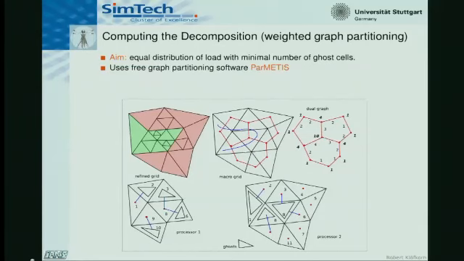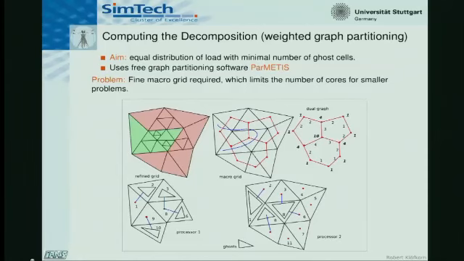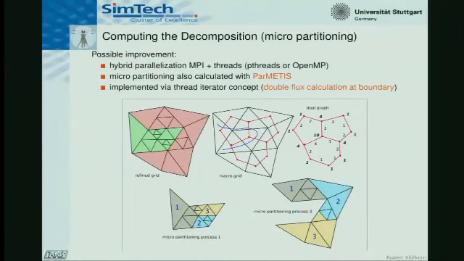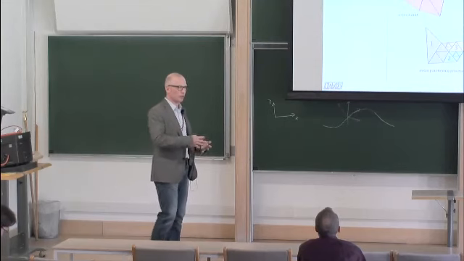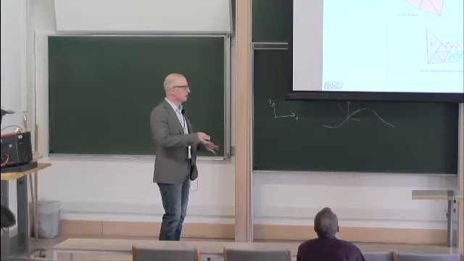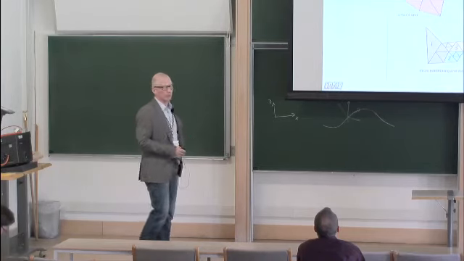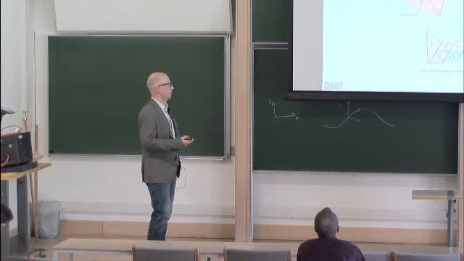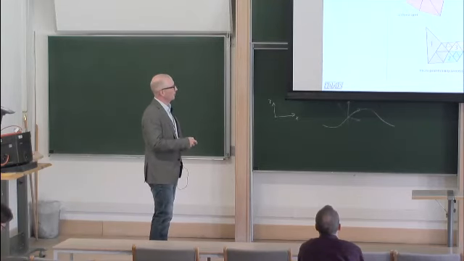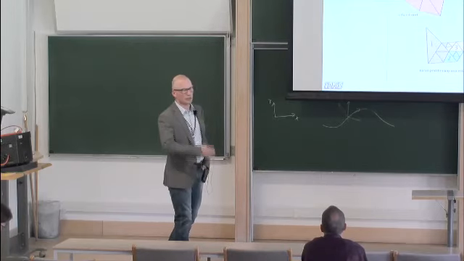Then what we can do is make use of the hybrid parallelization and come up with so-called micro partitionings on process 1 and process 2, using this hybrid parallelization to get a better micro partitioning, such that the macro partitioning we have is not affecting the simulation too much.